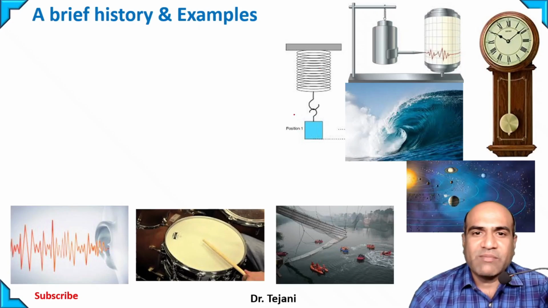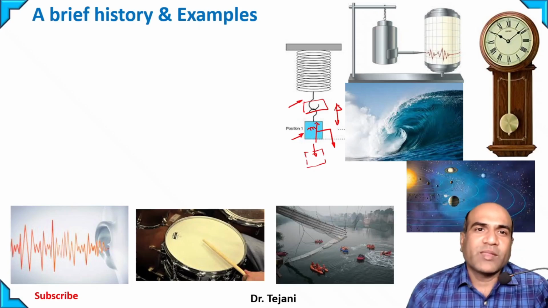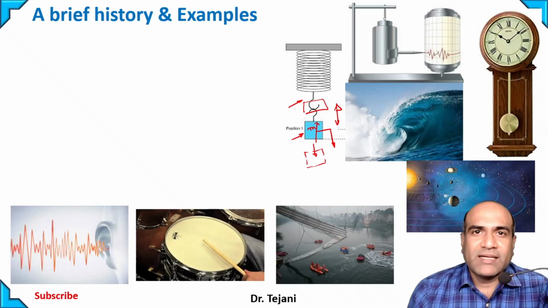If you take the example of a spring and mass, if you attach a spring-mass system and provide some displacement to this mass m, the mass starts oscillating. It moves in the downward direction, then it goes in the upper direction. This up and down movement is oscillation, right?